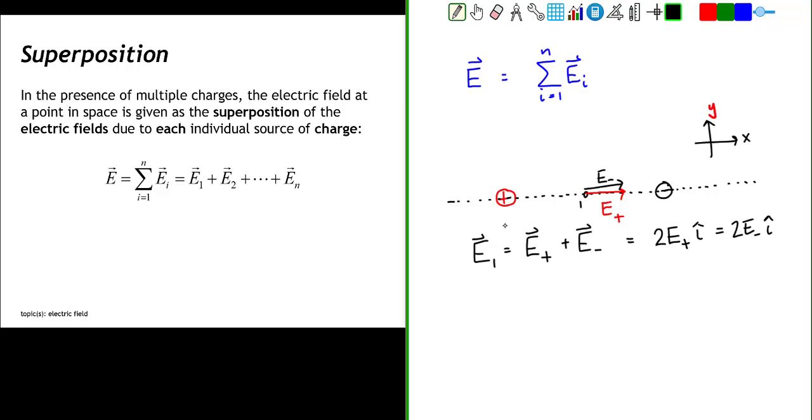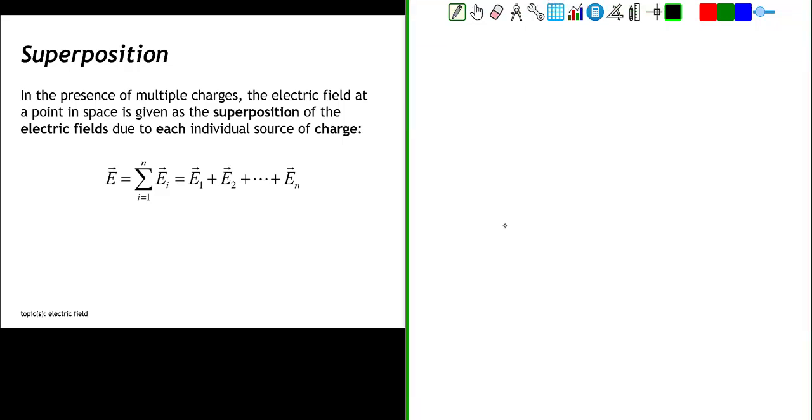Let's look at another point in space. We'll take our same positive-negative charge configuration. Here is our positive charge. Here is our negative charge. Let's take another point equally distant from both charges. We'll take our point to be right there.